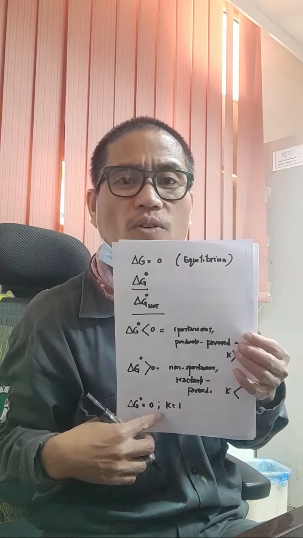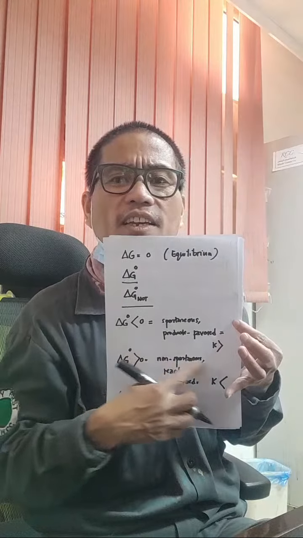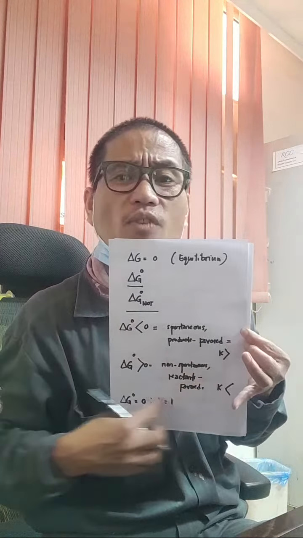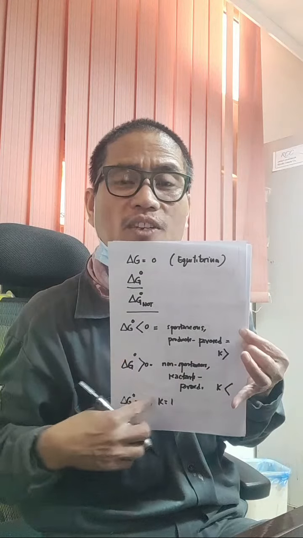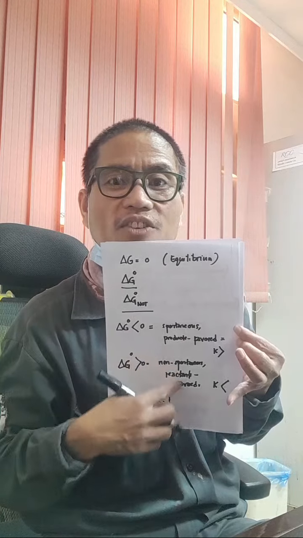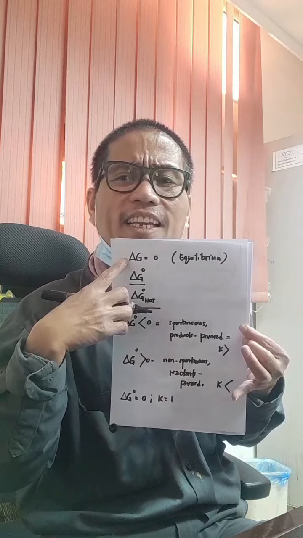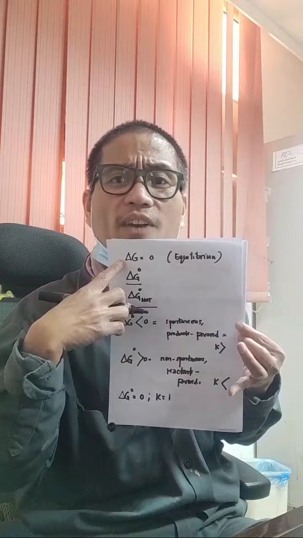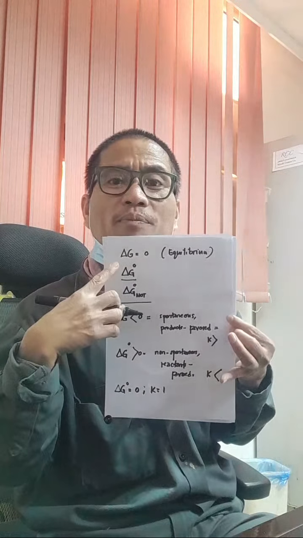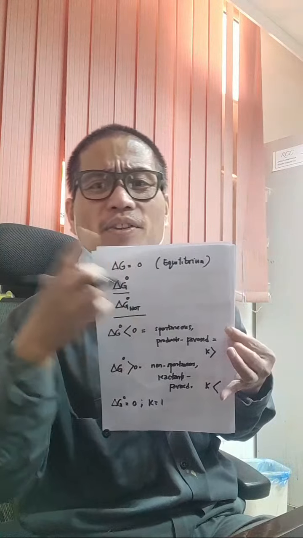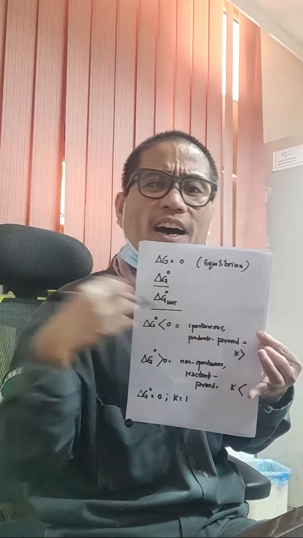K is the equilibrium constant. This means here, class, in the standard change in free energy, this involves chemical reactions already because there's an equilibrium constant here. But the Gibbs free energy doesn't really require a chemical reaction, though it can have one. Problems here are mixed, whether with chemical reactions or not.